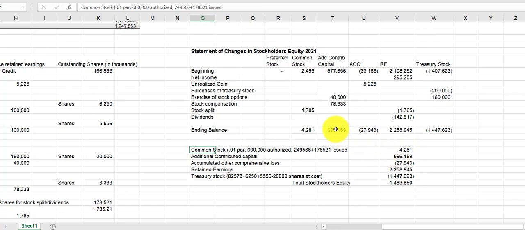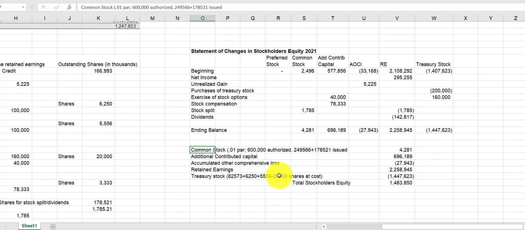Contributed capital comes right from here, AOCI exactly. Retained earnings just pulls down here, treasury stock down here. We do mention how many shares at cost. We started with 82,573. We bought back twice and sold some, because when we're talking about treasury shares, when we buy more, it makes them go up, and when we sell them, it makes it go down.